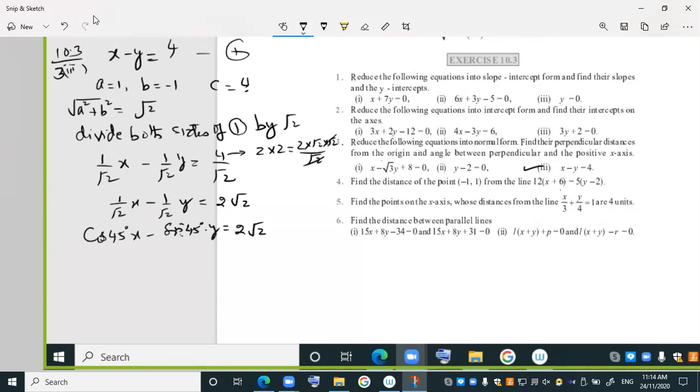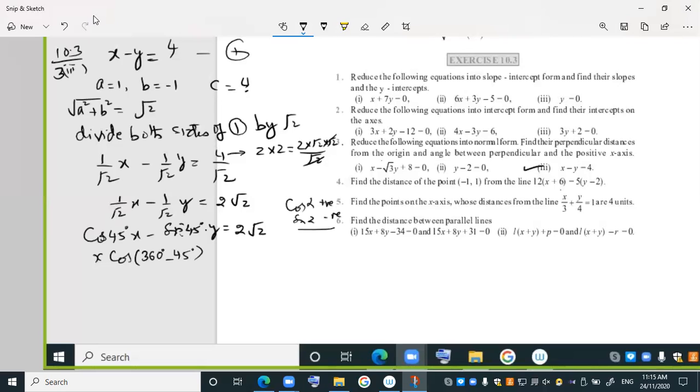So we can write x cos of 360 degree minus theta, 360 degree minus 45 degree, because here cos alpha is positive and sine alpha is negative.